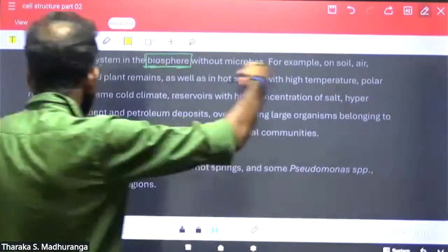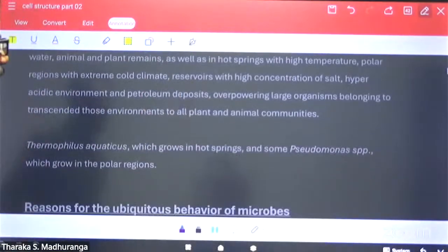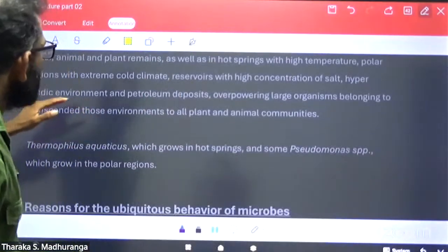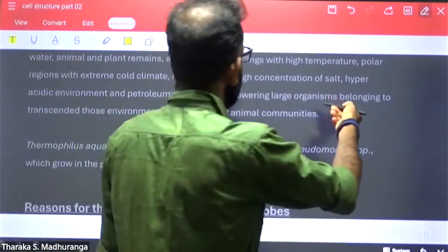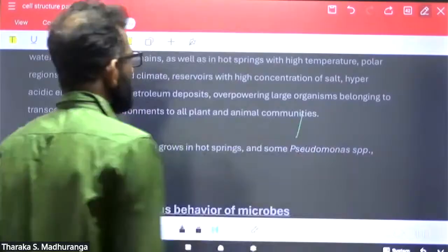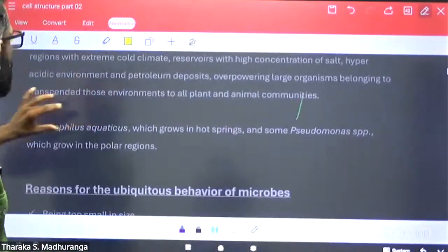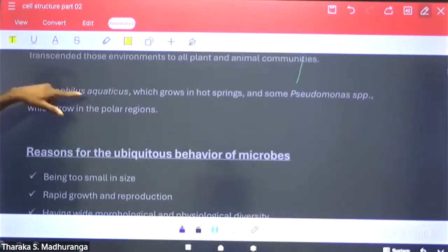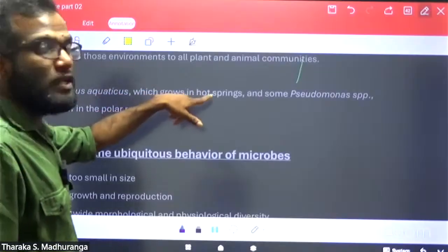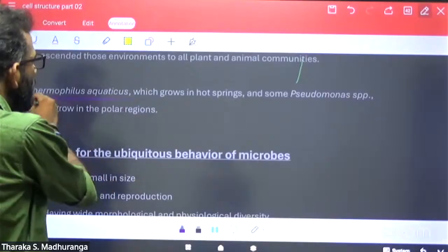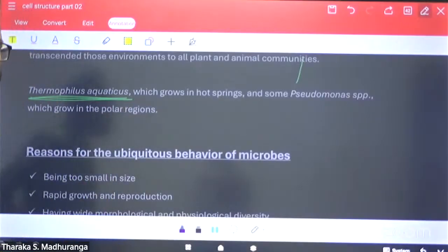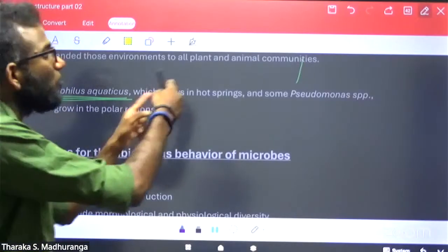I have given some abnormal environmental conditions, petroleum deposits for example, you can read them. Thermophilic microorganisms can live in hot springs. I have given examples, like Thermus aquaticus, which grows in hot springs.